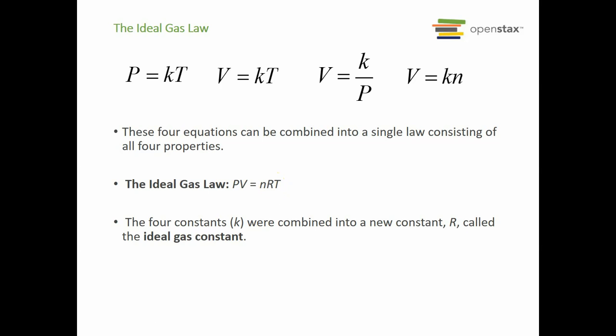This is the ideal gas constant. The slide says that these 4 equations can be combined into a single law consisting of all 4 properties. The 4 constants, k, were combined into a new constant, R, called the ideal gas constant.